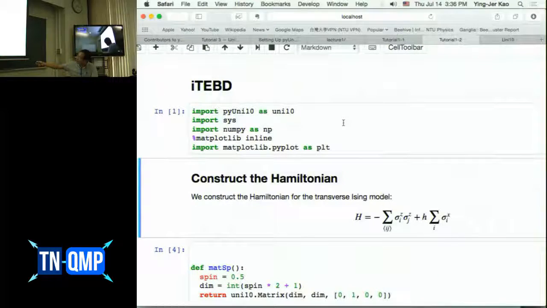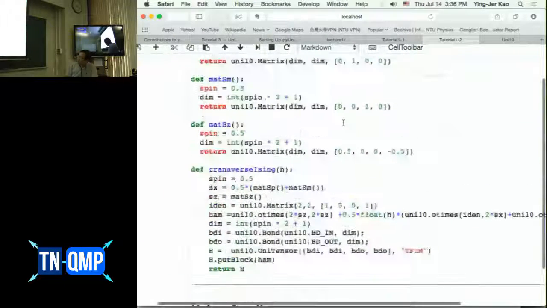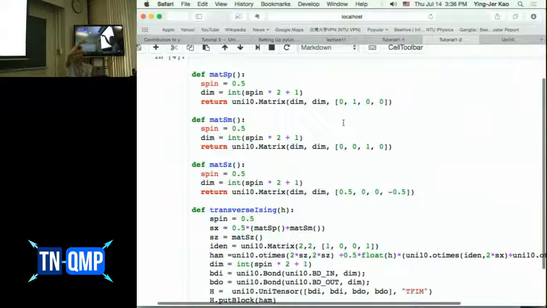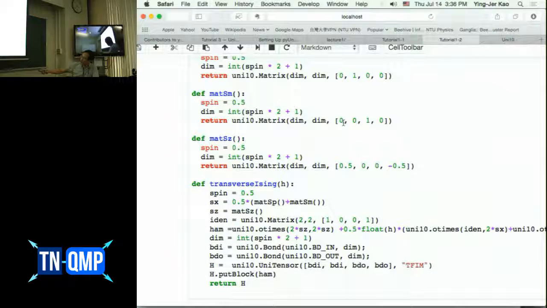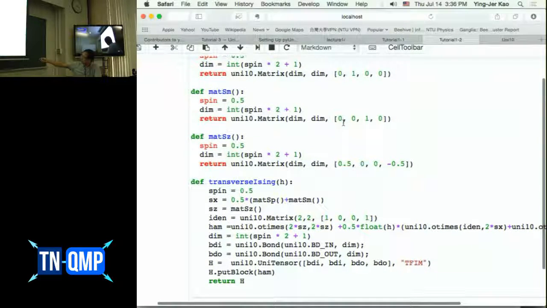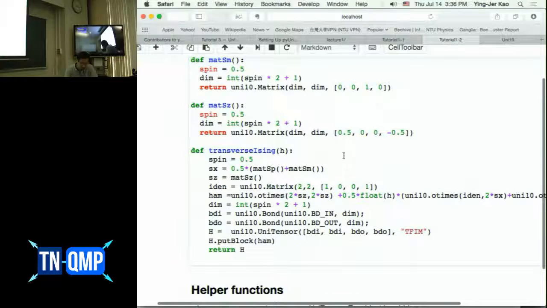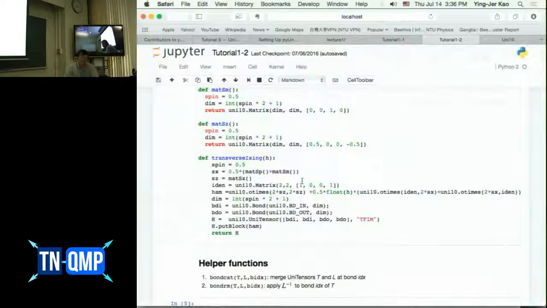Okay, we need to construct this two-site operator. Because in iTEBD you have a two-site gate, you want to write everything in the two-site operator. So how do you do this sigma z cross sigma z? Remember I just introduced the tensor product: you can take the tensor product of two tensors or of two matrices. So this is just the tensor product of two matrices.